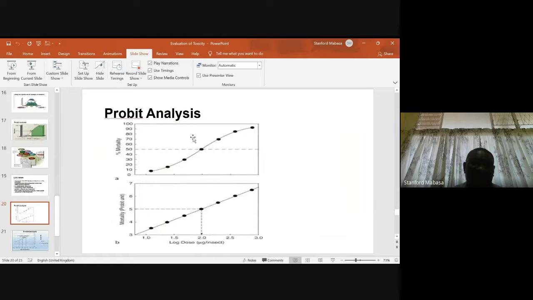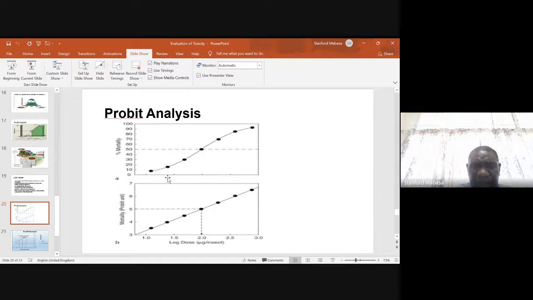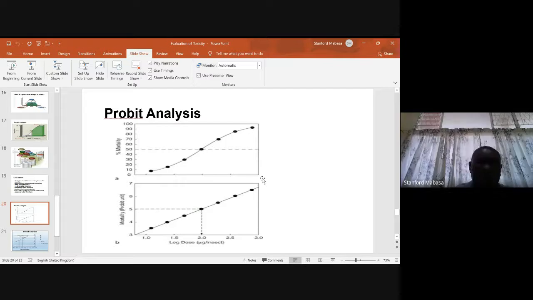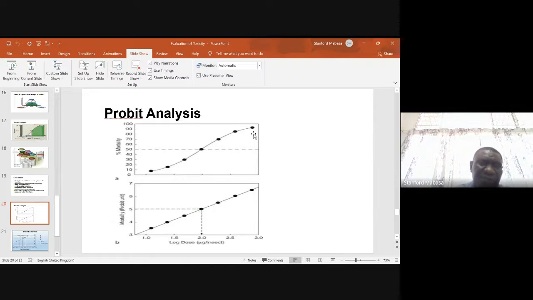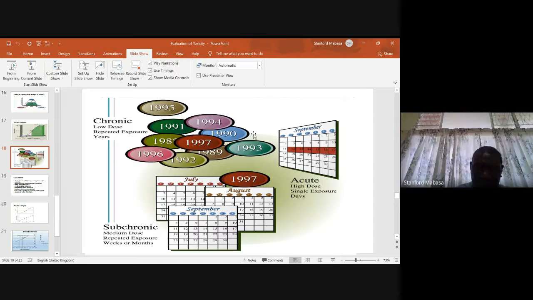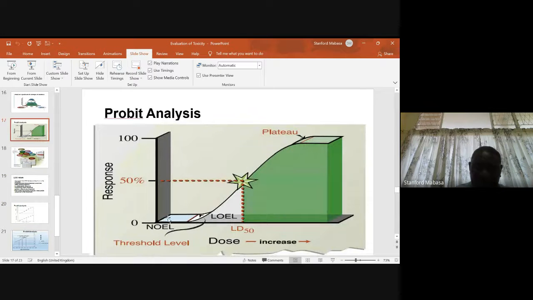Okay, these are the graphs. The first one is showing variation, if we vary the concentration of the pesticide, in our death rate or percent mortality. We get this sort of S-shaped graph.